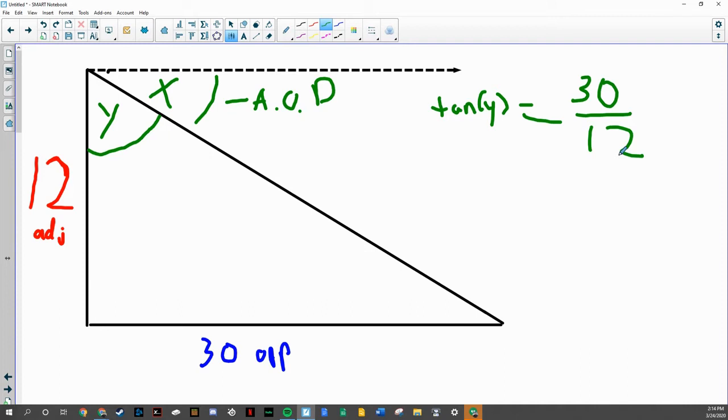All right. So 30 over 12, tangent of Y equals 2.5. Now the tangent of Y equals 2.5. So to find what Y is, you need to use your calculator.